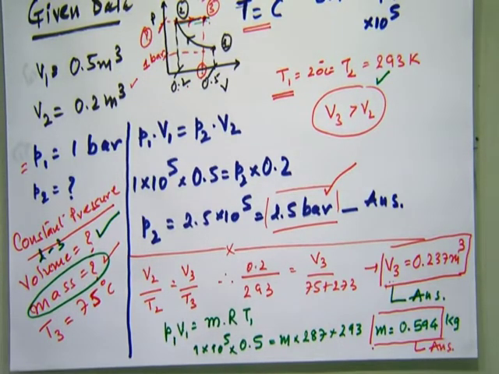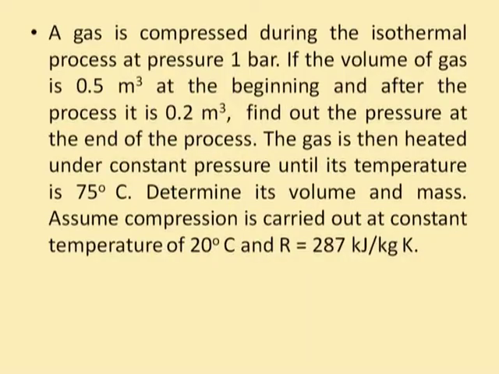So friends, this time we have seen a combination of two different processes in this numerical problem. Initially it is the constant temperature process, isothermal process, and then it is the constant pressure process. I request you to go through the books, whichever good books you like, as per your syllabus.